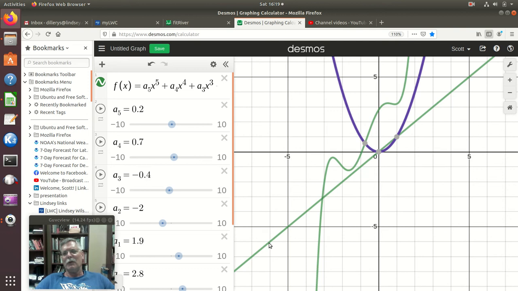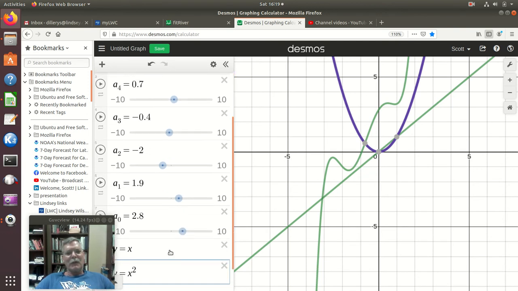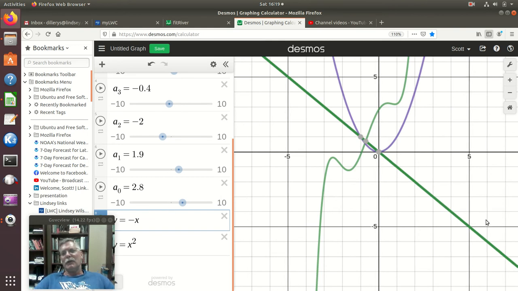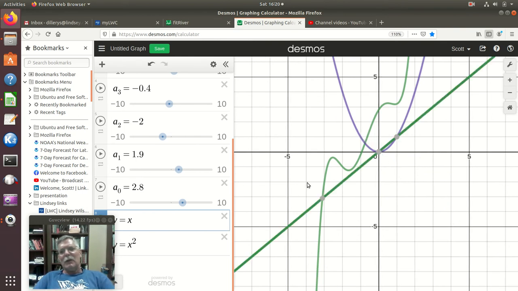It's going to do either that, or if I toss a negative in front of it, then it does just the opposite because it flips it over the x-axis, and so it diminishes to negative infinity on the right and goes to positive infinity as I go out to the left, or it comes down from positive infinity as it moves to the right.